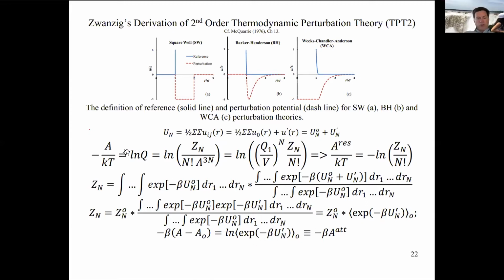Then through this definition of A in terms of Q, and following the dots along, we recognize that subtracting off this Zn naught, that's A minus the repulsive part, and that's just equal to A at, which is what we always call this thing.